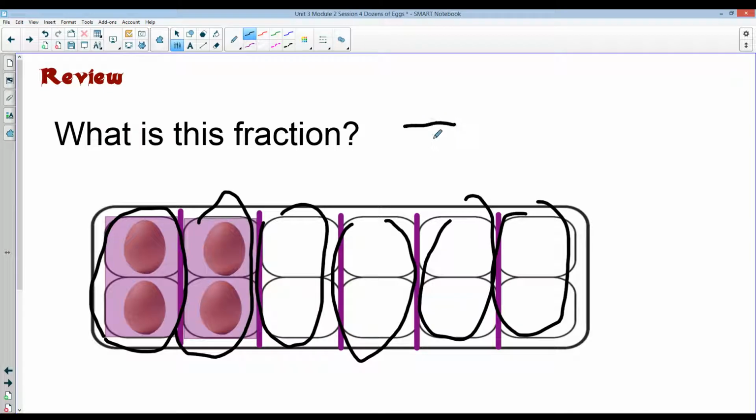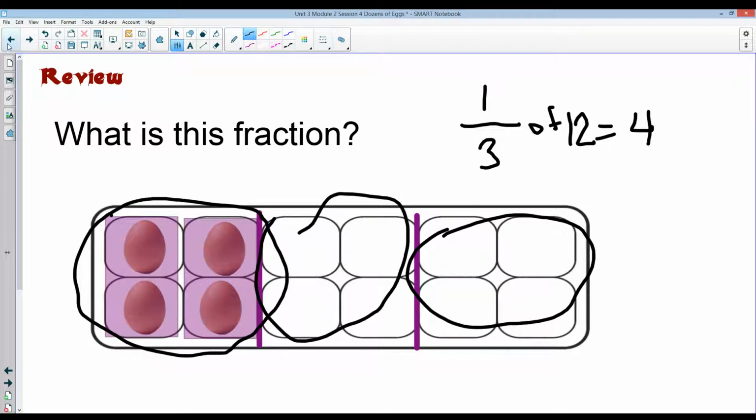So that's 6. 2 of them were filled in. 2/6 of the 12 eggs equals 1, 2, 3, 4 eggs. That's the same as this. It's just divided up more.